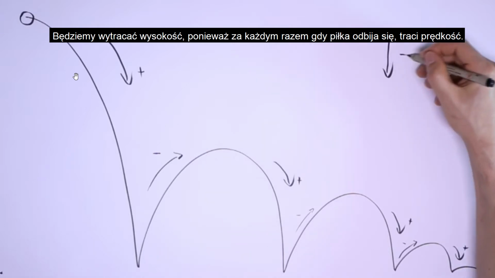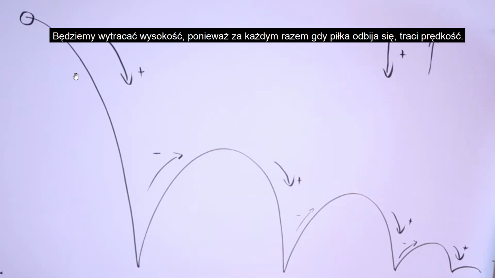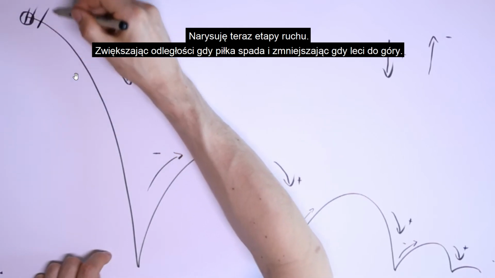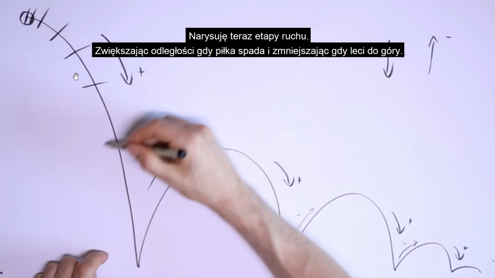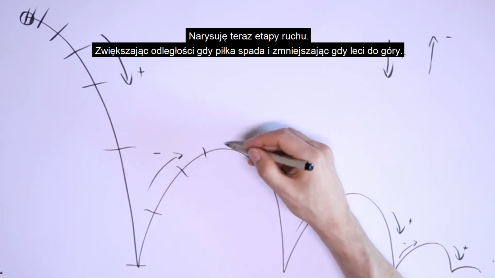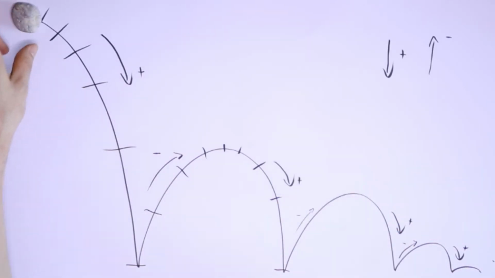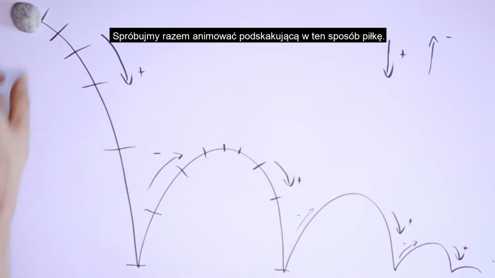Every time the ball bounces, it loses some momentum. Now I'll add stages to the motion sketch, and I will make those distances larger when the ball is falling down and smaller when the ball is moving up. And now let's try together to animate this bouncing ball.